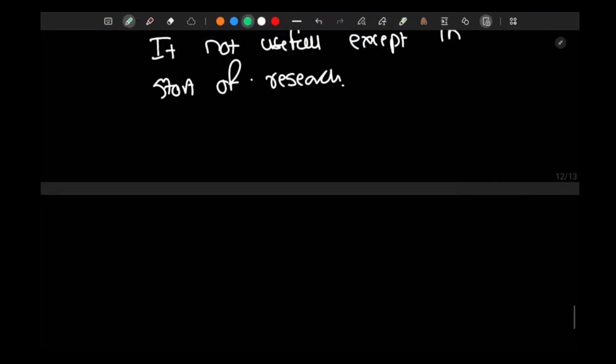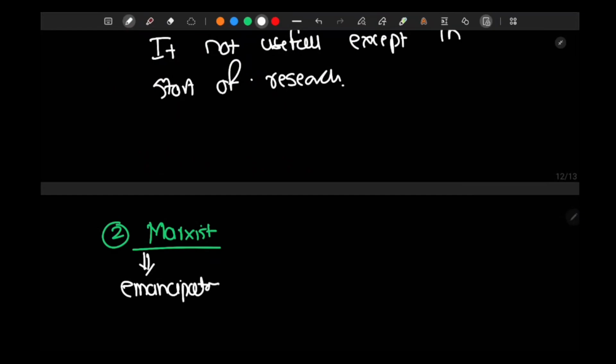Then Marxists criticize the systems approach. For Marxists, theory should be emancipatory. Only emancipatory theory is theory for them. Only praxis is theory for them.